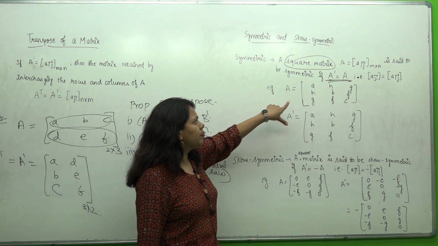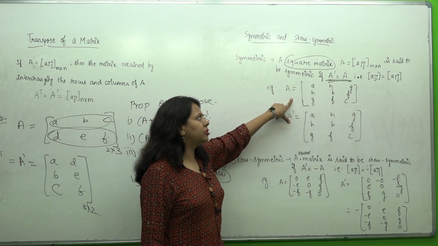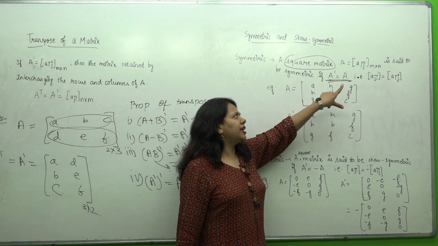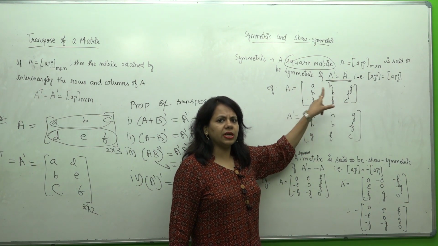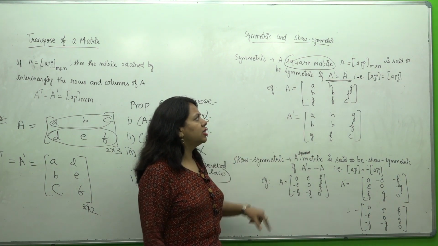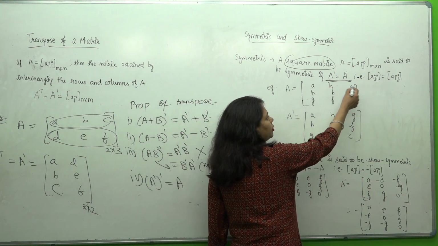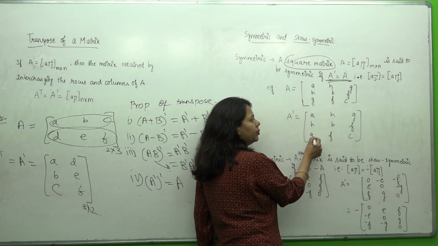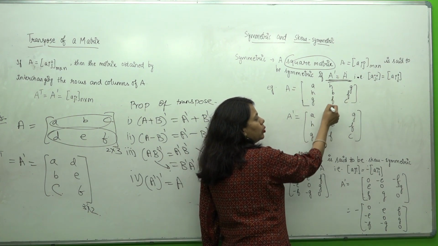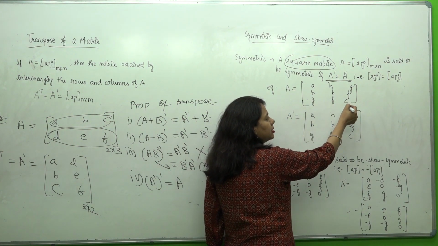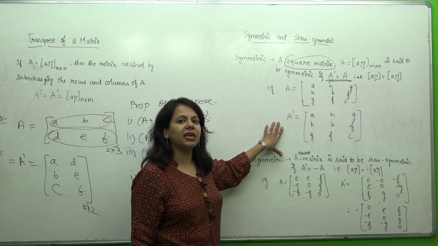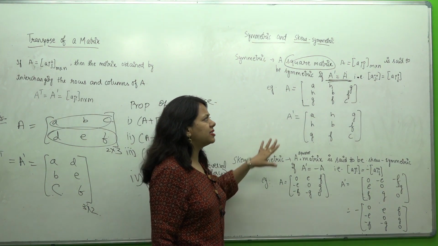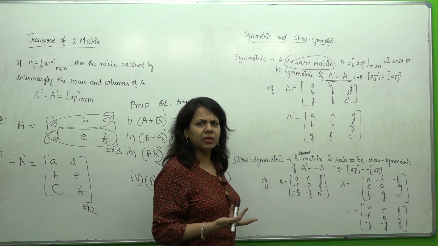For example, if I have a 3 cross 3 matrix A as [A, H, G], [H, B, F] and [G, F, C]. Now see, when I transpose it, the first row would become the first column, so A H G would become A H G. The second row would become the second column, and the third row would become the third column. So I have got the same matrix back. Why is this happening? Have you observed any particular thing?